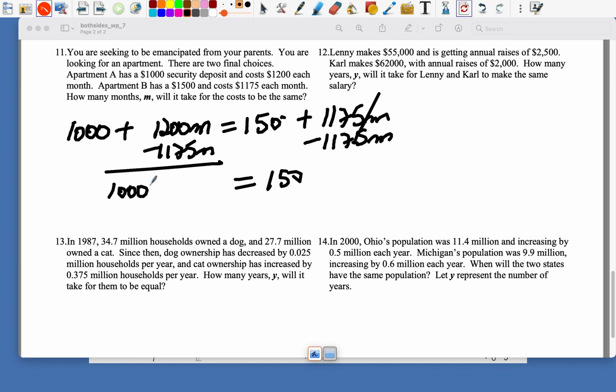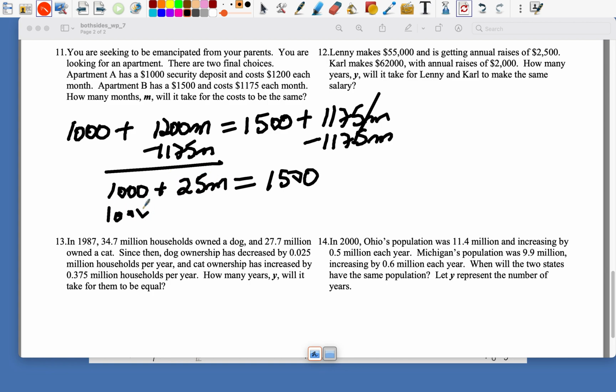1,000. What is this? Oh, that's a 500. I forgot. It's 1,500. Sorry. So plus 25m.